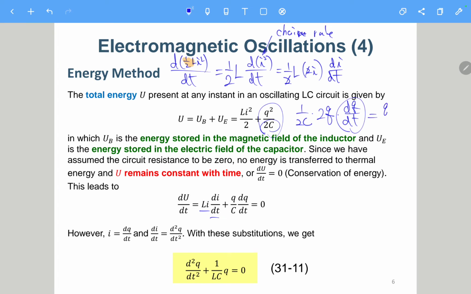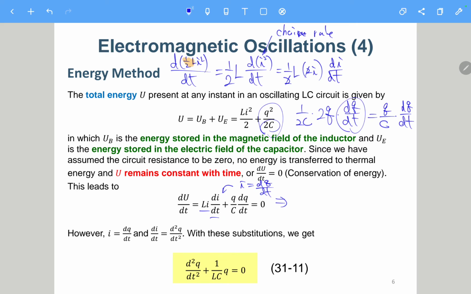So it turns out to be q over C times i, which is q over C times dq dt. Just leave it there. But we also know that i is dq dt, so finally we can plug in i equals dq dt, and it becomes a second derivative.